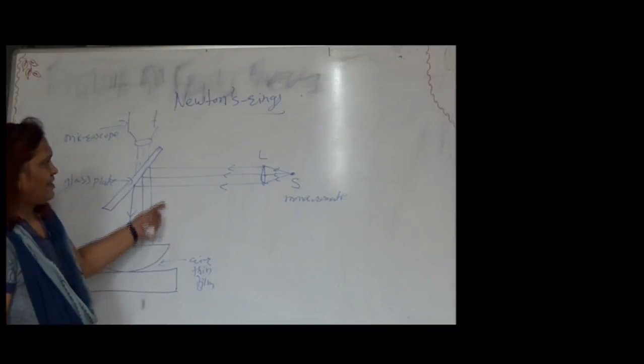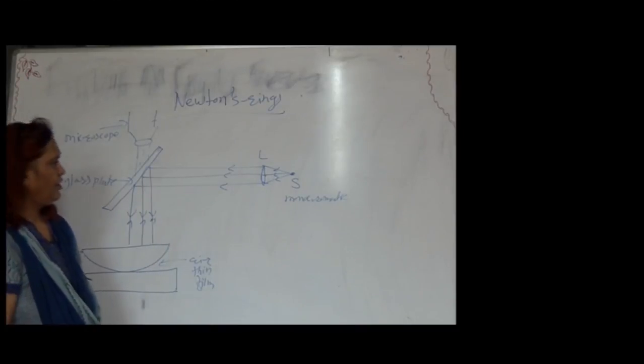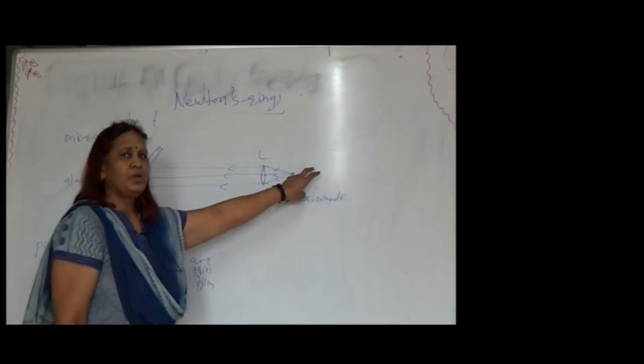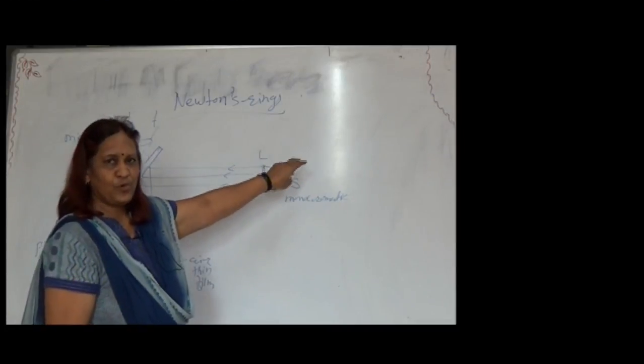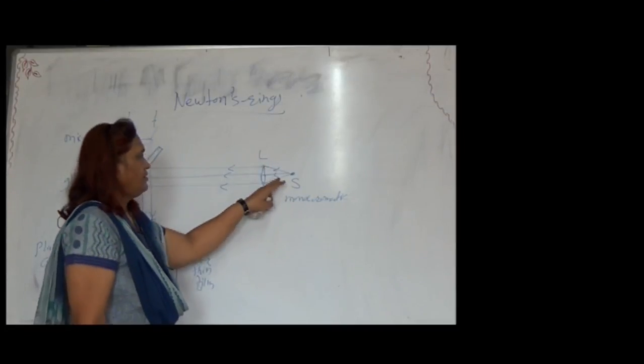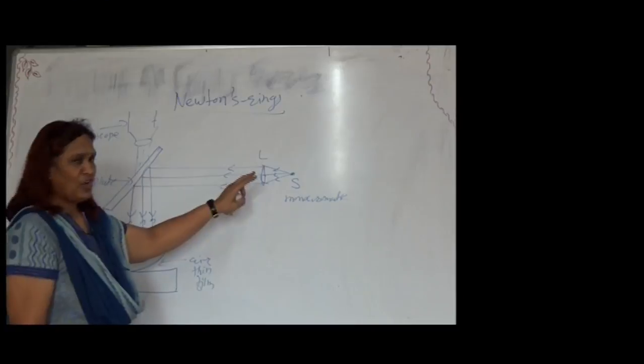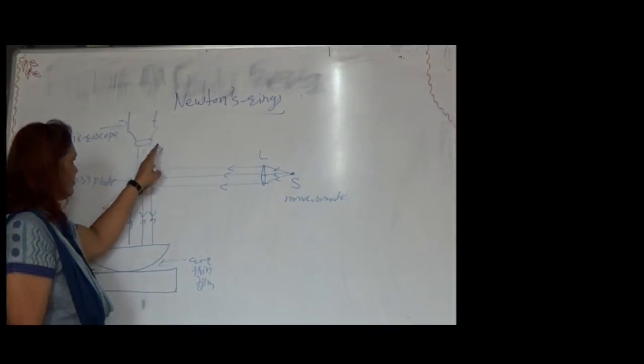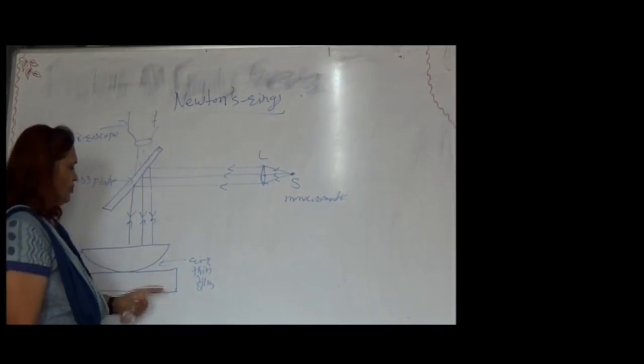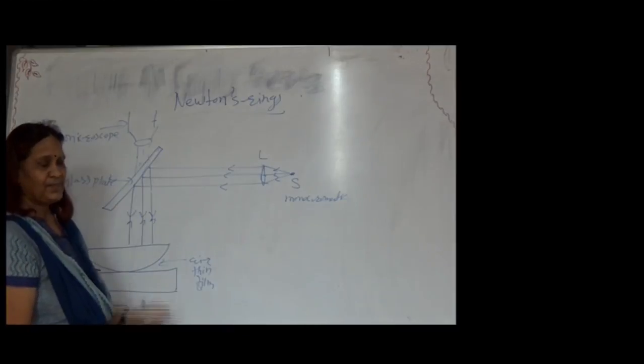Now the experimental arrangement of a Newton's ring consists of a monochromatic source such as a sodium vapor lamp, then the converging lens, the third one is a glass plate, microscope, plano-convex lens and a plane glass plate.